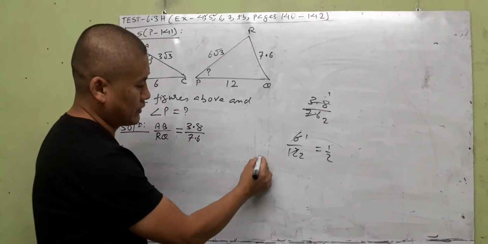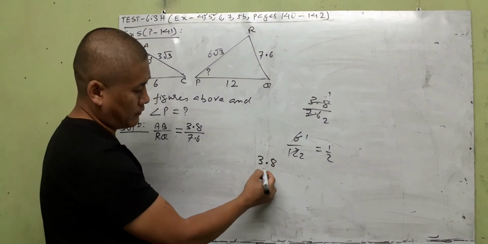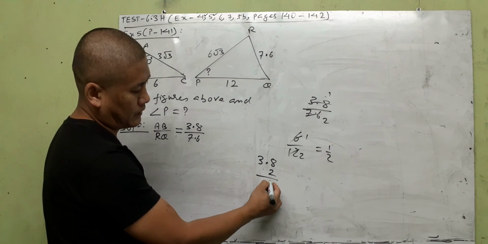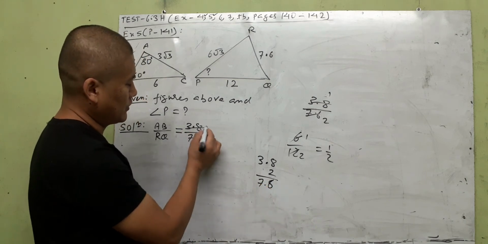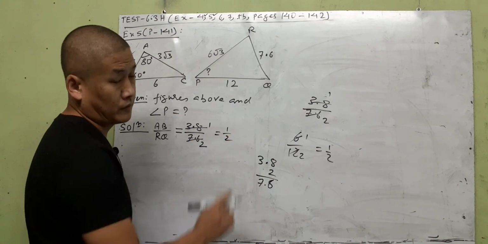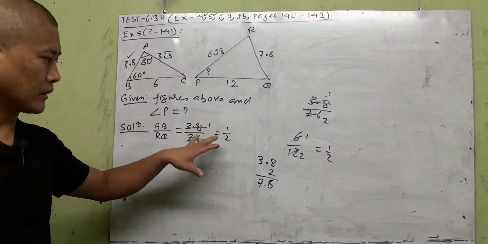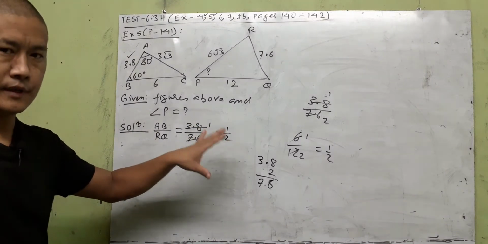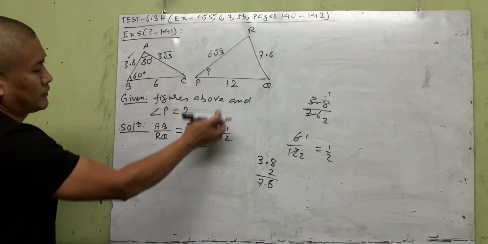By common sense we know, and if you want to remove the decimal, that's also fine. 3.8 into 2 is 7.6, so 3.8 by 7.6 is 1 by 2. The ratio in the simplest, lowest form, which cannot cancel anymore, is the standard form. So we bring it to the standard form. Then 6/12 is going to be 1/2.